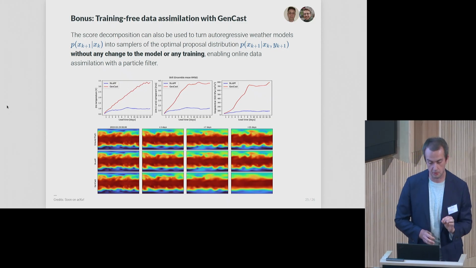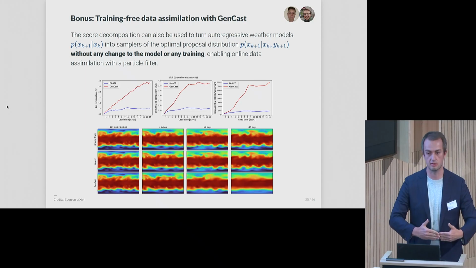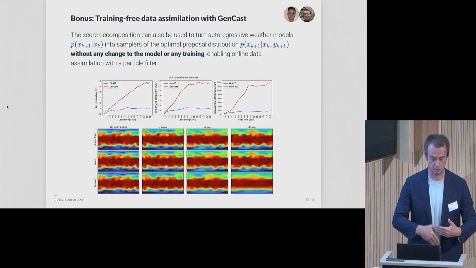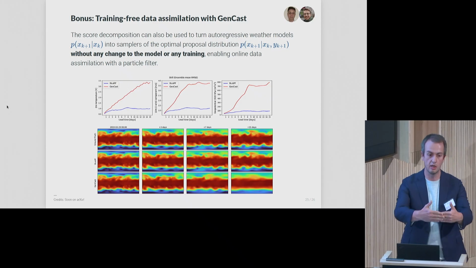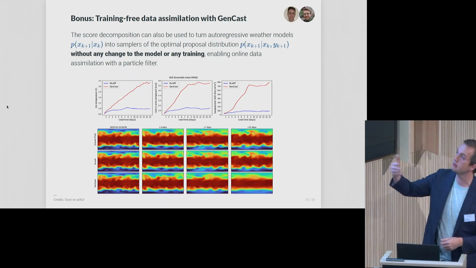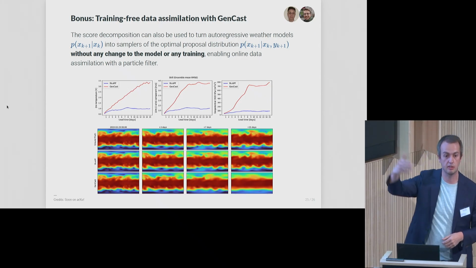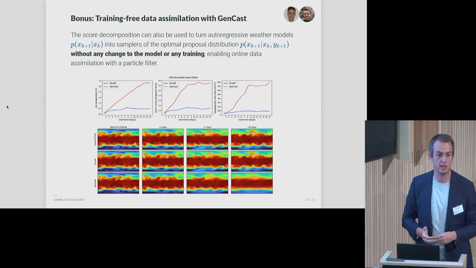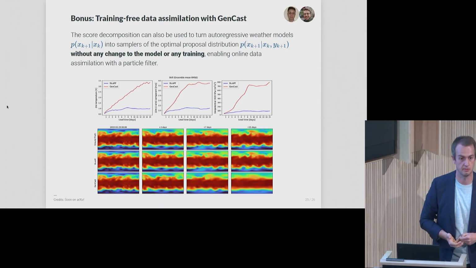The score decomposition can be used to turn an autoregressive weather model, which usually takes the current state of the system, which has been produced by classical approaches of data assimilation, and then just produces trajectories onward. So we can turn this autoregressive model into what we call an optimal proposal distribution, which in this case would sample the next state given the current state and the observations that we already have for that next state.